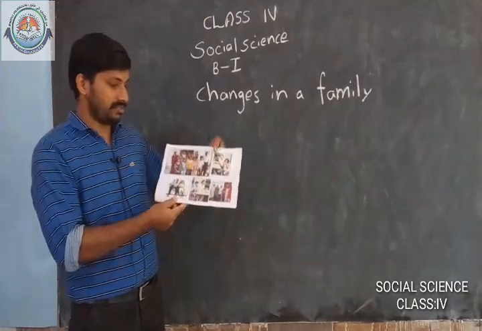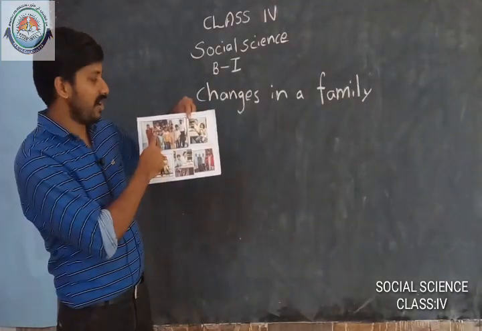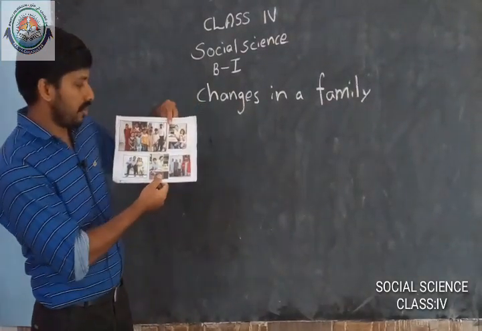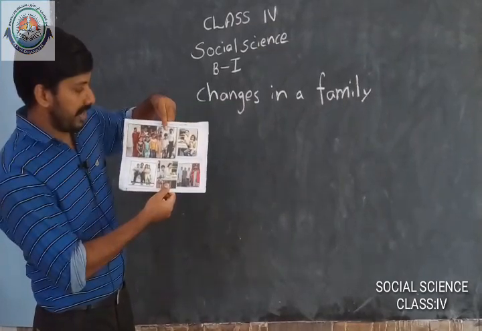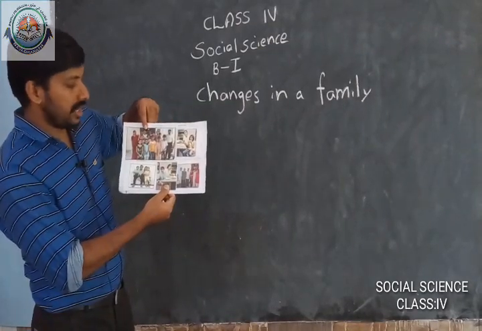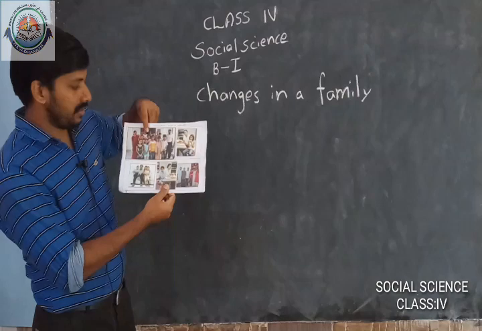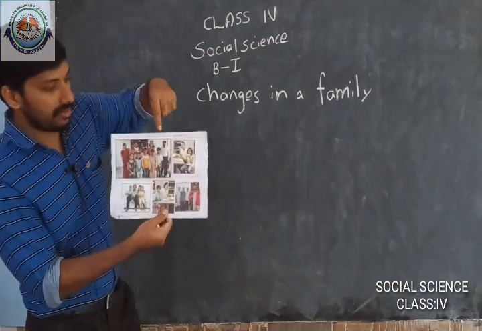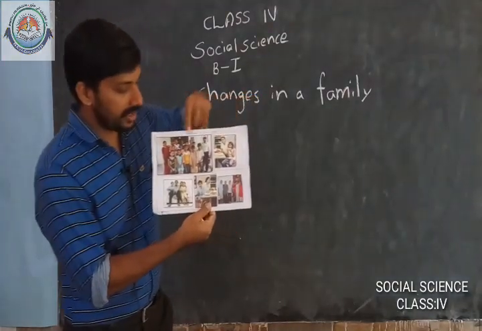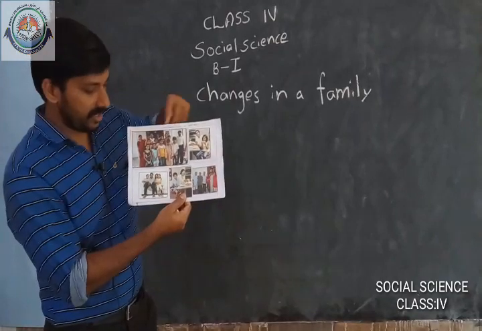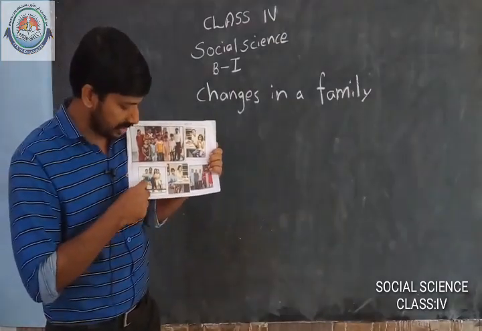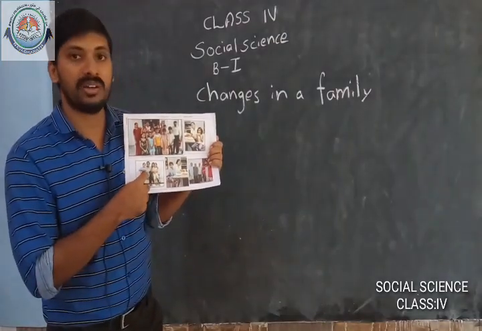Just look at this picture. This is a joint family. We can see more members: parents, children, uncles, grandparents, grandmother, all in a joint family. Let's look at another image. This is a nuclear family.